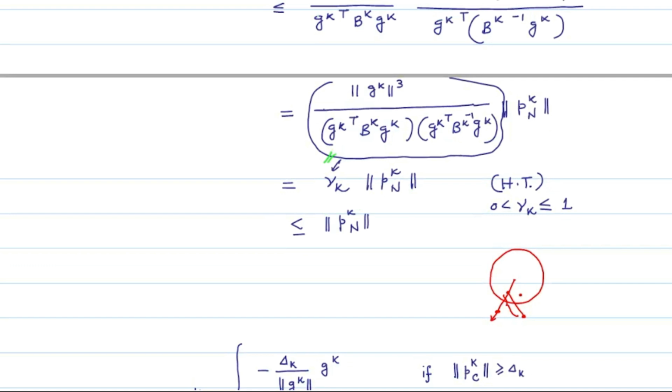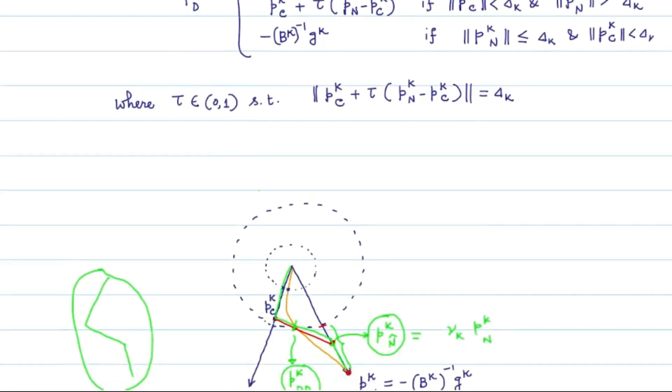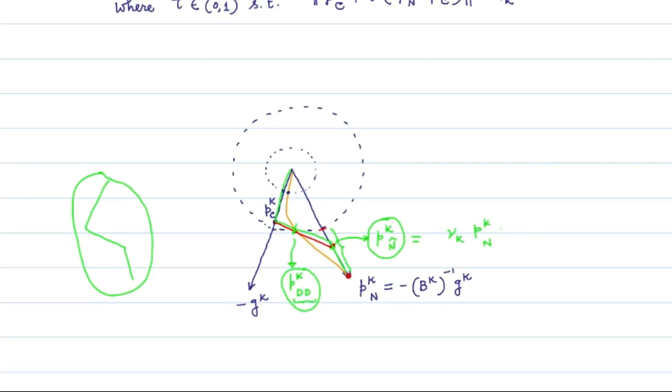So if I choose my p_k^N cap to be gamma_k p_k^N, then certainly we have norm p_k^C less than or equal to norm p_k^N cap. Then there will be a certainty that this portion will have an intersection with the boundary of the trust region, provided p_k^C is inside the trust region and p_k^N cap is outside the trust region.